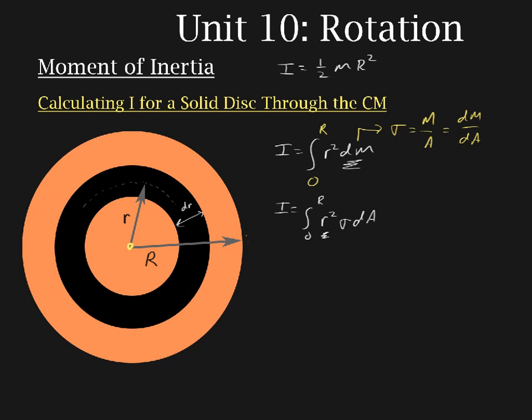So the dA is going to have to be transformed into something with a dr. dA is really nothing more than a differential area, or you can think of it as taking the derivative of the area of a circle. And so we get dA is equal to 2 pi r dr. Now you might be asking yourself, where does that come from?